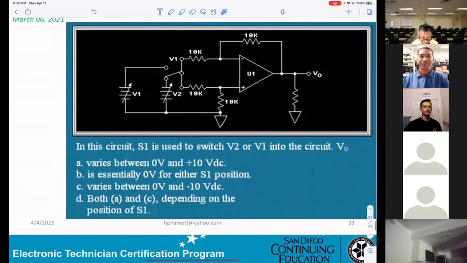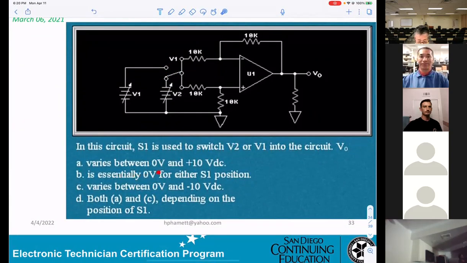Now, in this circuit, S1 is used to switch V2 or V1 into the circuit. That means this is a switch in here. Right now, they connect V2. You can connect to V2 or you can connect to V1. Okay, let's see what they say. Vary between 0 and plus 10 volt.